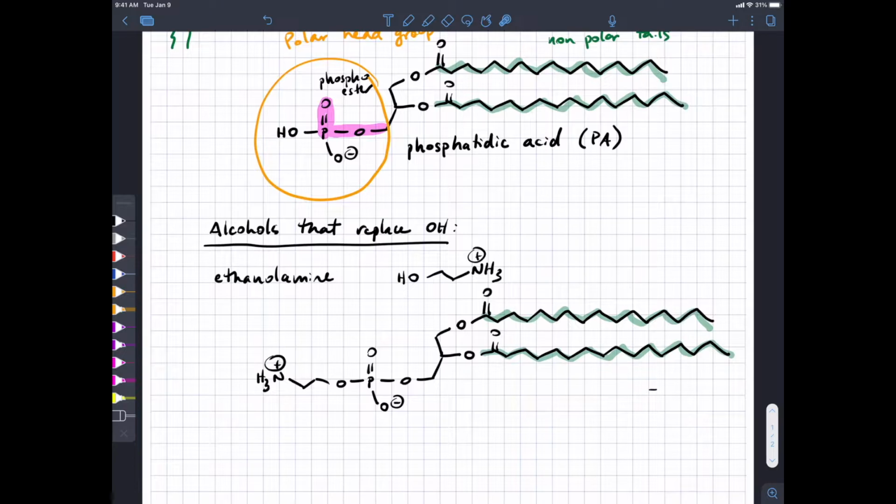So we would make an ester between this alcohol and this phosphatidic acid. This lipid is called phosphatidylethanolamine. And one interesting feature is that it is neutral, though zwitterionic. So the head group is polar but has no net charge. That can be a way of distinguishing some cell membranes from others.